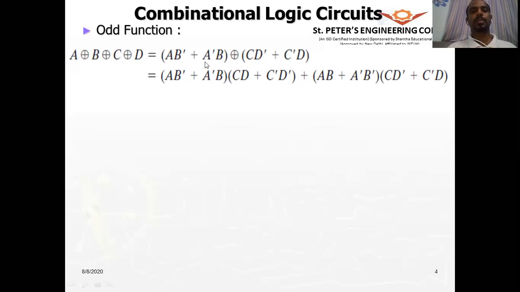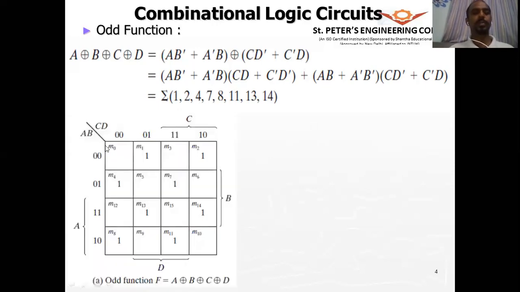So the complement of this function will be A B or A complement B complement, and this function as it is. Now we multiply term by term, and you see that the output will be 1, 2, 4, 7. So these are all the odd number of ones that you can check from the Karnaugh map.